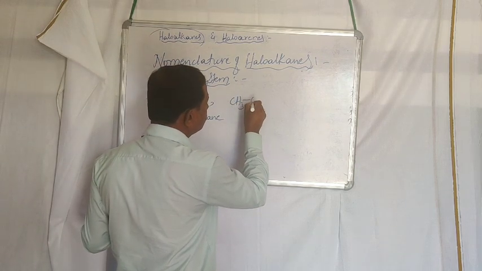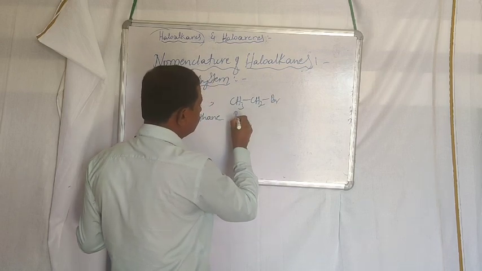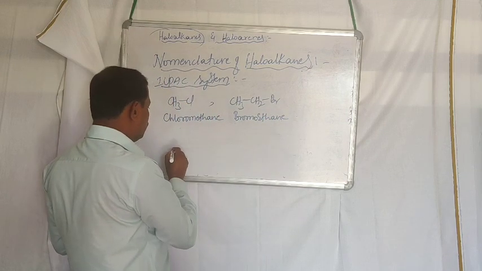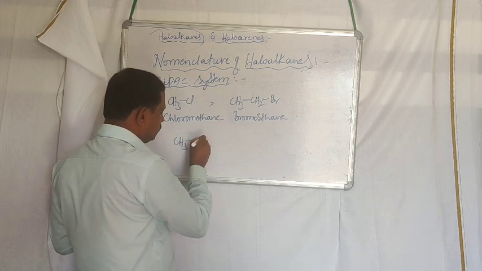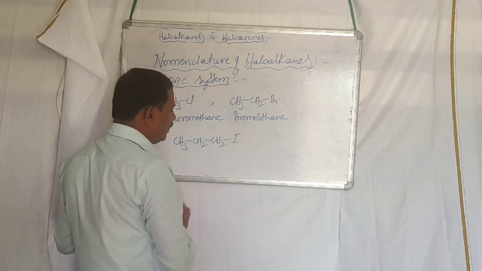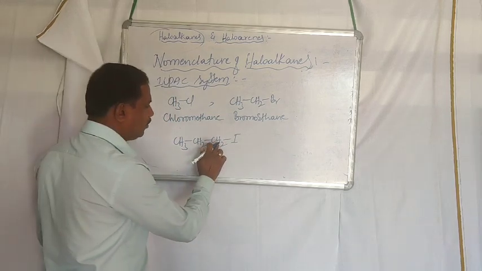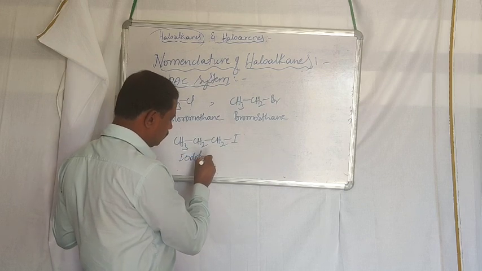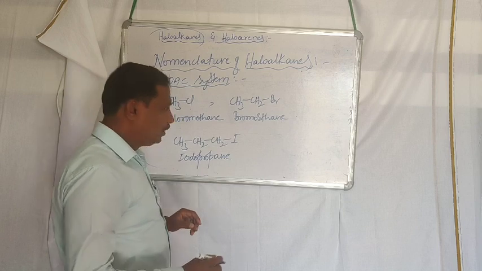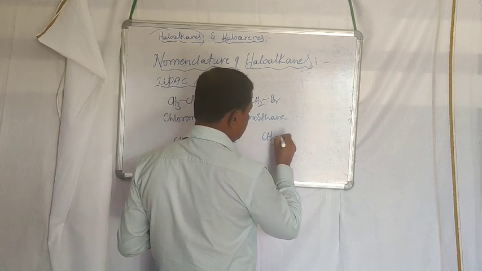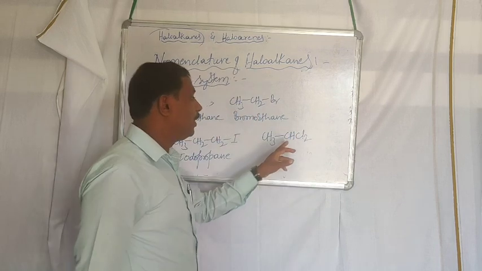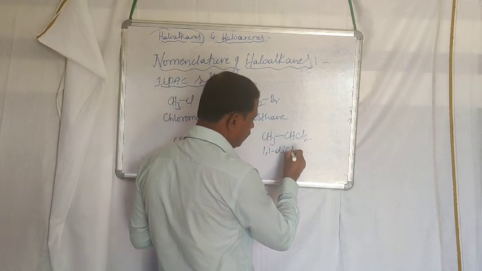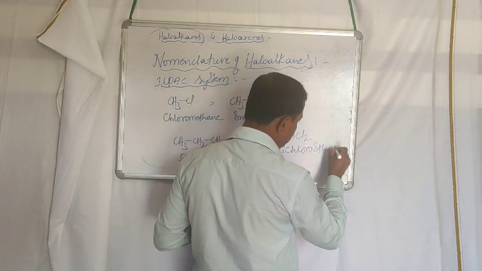Bromoethane. Or iodopropane. It's very important, these IUPAC names. You take CH3CHCl2, 1,1-dichloroethane.